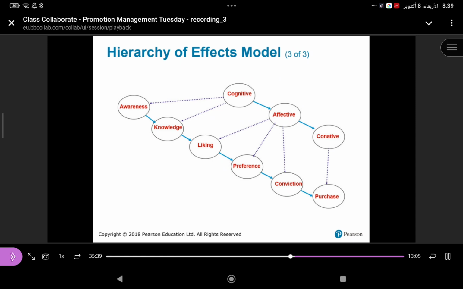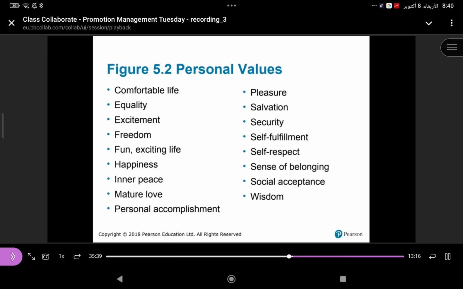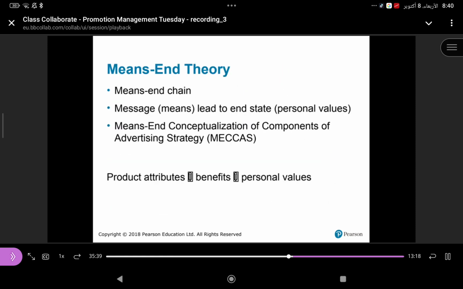Next important theory is related to means-end theory. This explains how consumers connect product attributes with personal values.